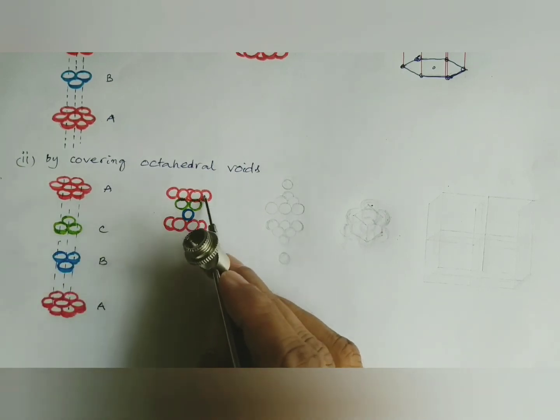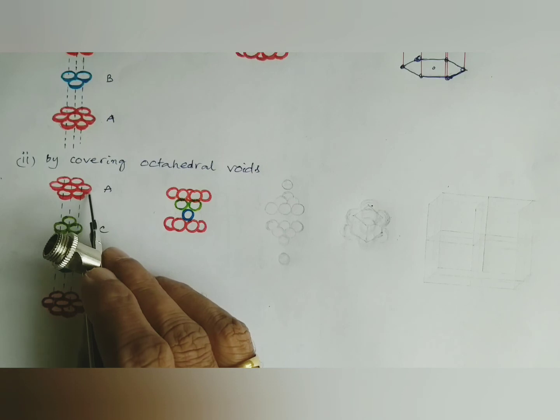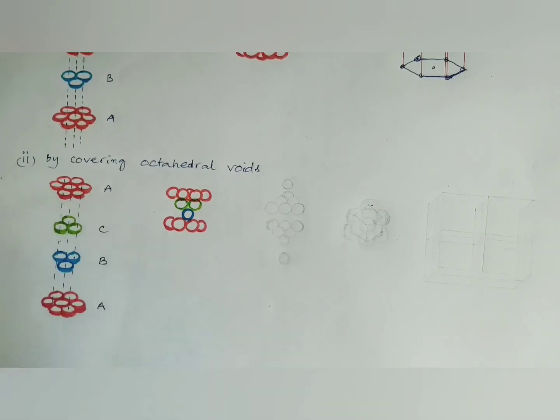And once again this is layer A that corresponds to this. So this can be even further expanded, or the layers can be separated to view like this. So this is how the arrangement looks like.